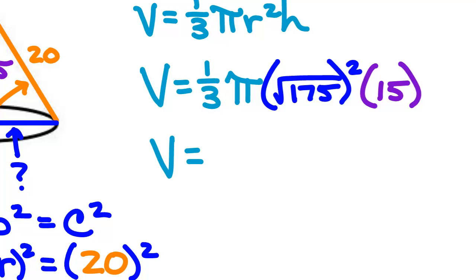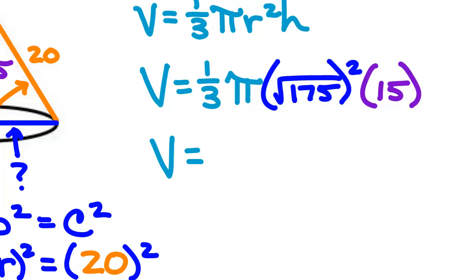What is the volume? How much? 207.796. I got something slightly different. 1/3 pi. Oh, you forgot to square that.